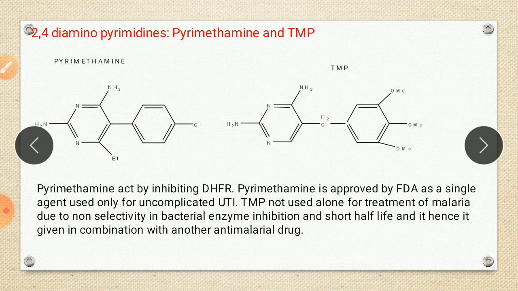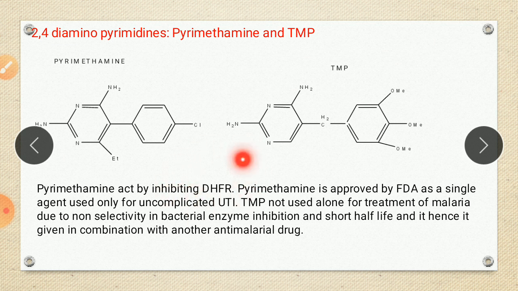Next class is combination therapy, 2,4-diaminopyrimidine derivative. It is a combination of two drugs, pyrimethamine and trimethoprim. TMP is a short form of trimethoprim. These are the structures of these two drugs in combination therapy. Regarding mechanism of action, it also has the same mechanism of action as sulfonamide or biguanides.